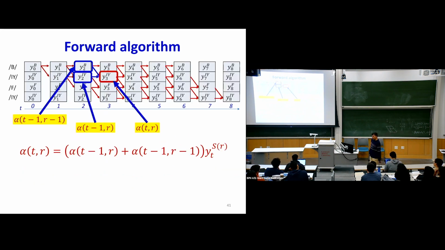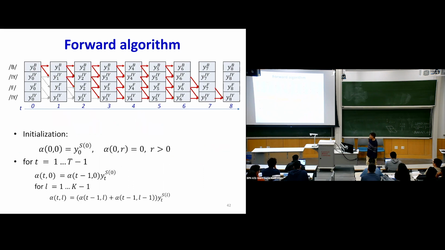In our graph, every node has only two parents. At TR, one parent is t minus 1, r minus 1, and the other is t minus 1, r. So alpha TR is alpha t minus 1, r plus alpha t minus 1, r minus 1, times the probability of the current symbol. Everyone with me?